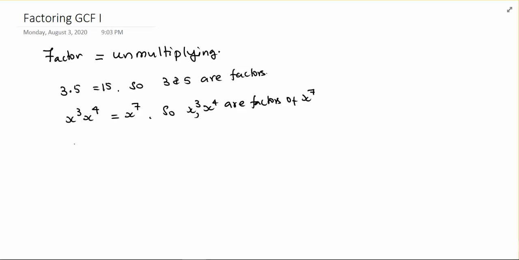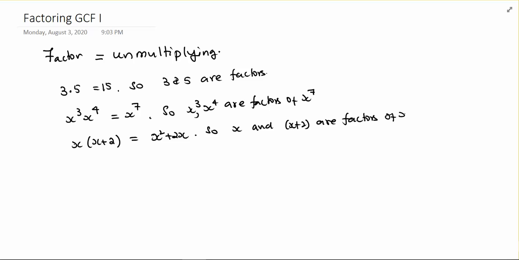Another example, we just studied multiplying just by distribution. This takes me to x squared plus 2x. So x and x plus 2 are factors of x squared plus 2x.